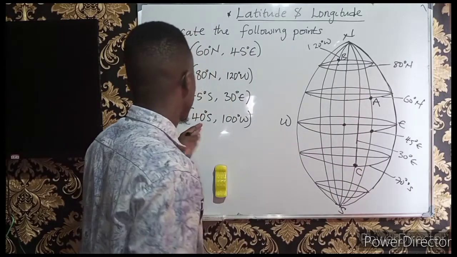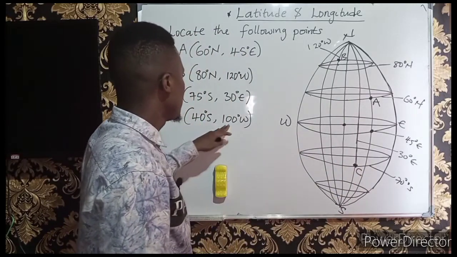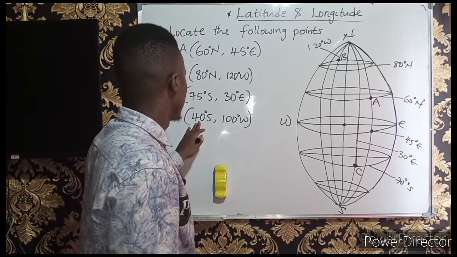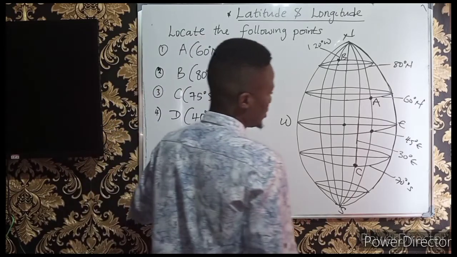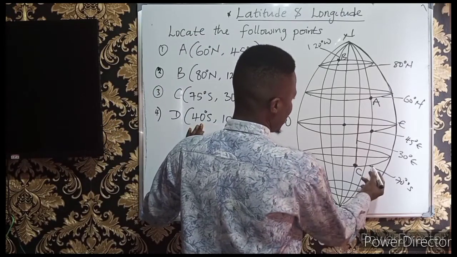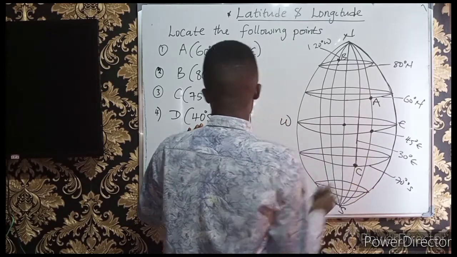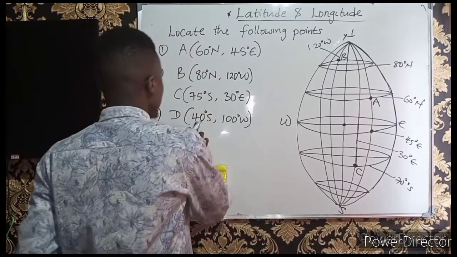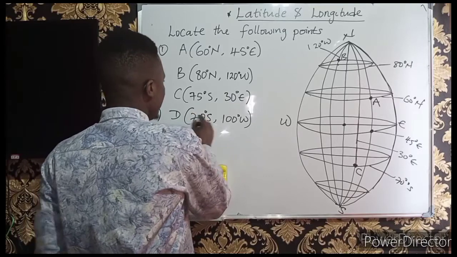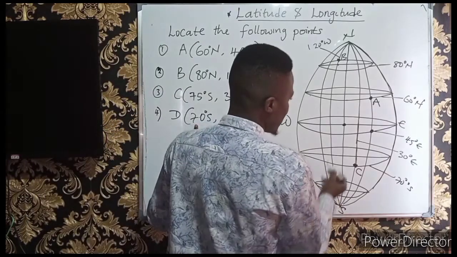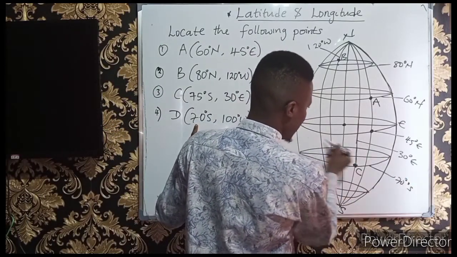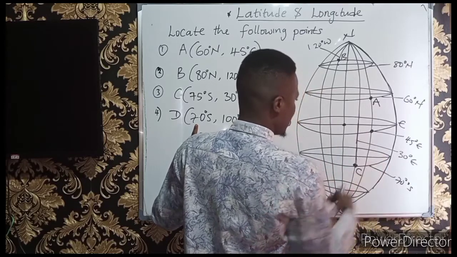So lastly, let's locate point D. Point D is 100 degrees west and 40 degrees south. Okay, so I called here 70 degrees south and 40 degrees south. Let me change this 40 and make it 70, because if it should be 40, it means I should have something lower than 70 up here, because 70 is down here.